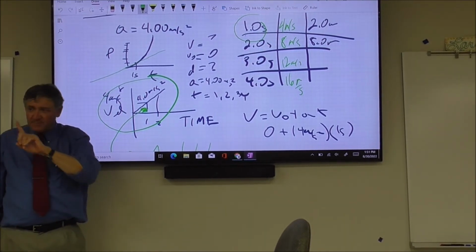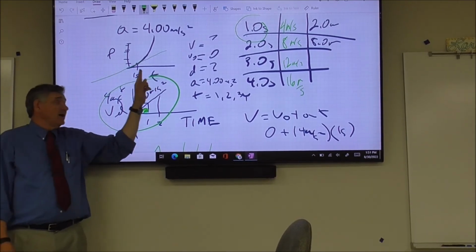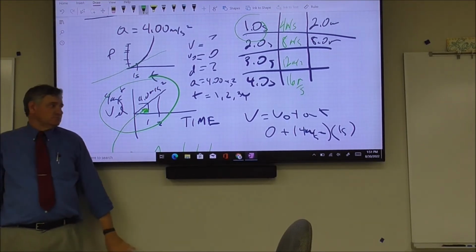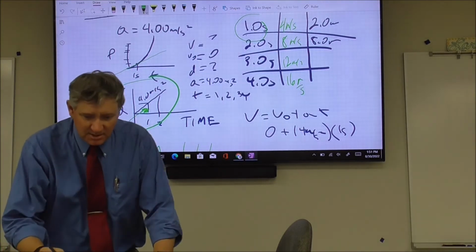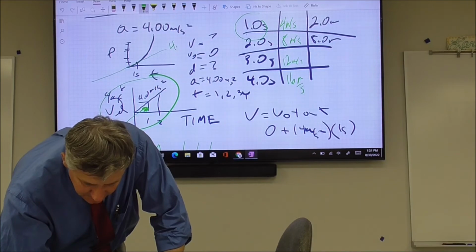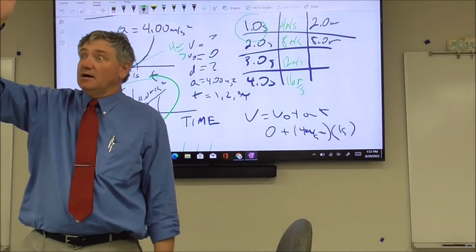Here's the question. What's my instantaneous velocity at the end of 1 second? 4 meters per second. So the slope of that tangent line is going to be 4 meters per second, because that's how fast it's going at the end of 1 second.